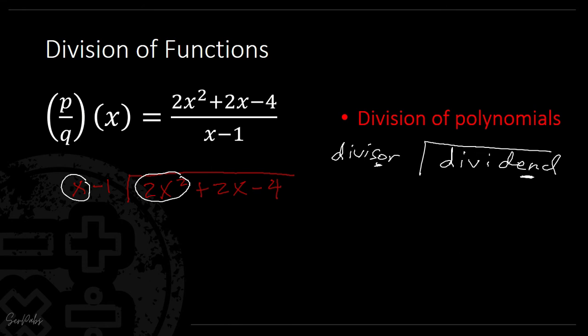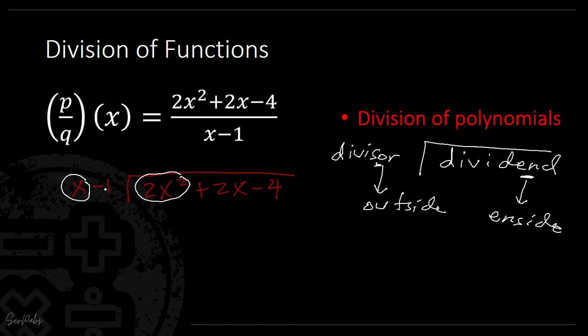So, meron kang letter O, outside, para hindi ka malito. So, si letter O ay outside. Si letter N ay inside. Bisaya, nasa loob.